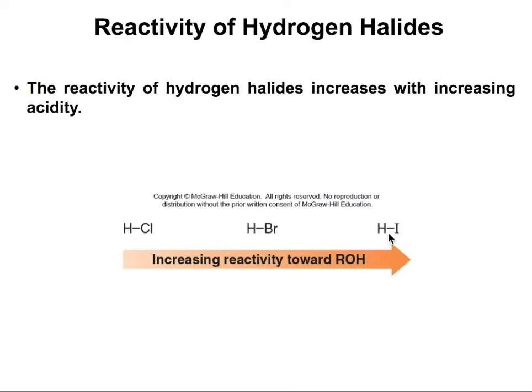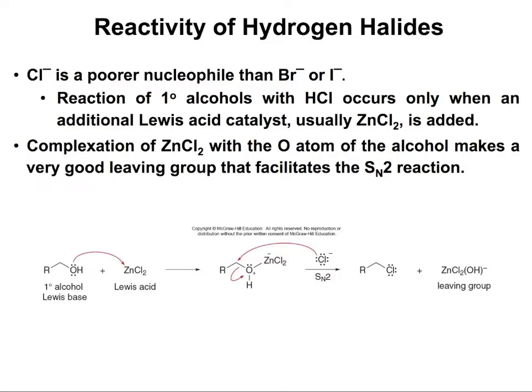The reactivity of the hydrogen halides increases as the acidity of the hydrogen halide increases. So remember, HI is the most acidic of them all because I is large and it's okay stabilizing the extra electrons. Now, that was for acids and bases, but when we talk about nucleophilicity, remember that Cl minus is a poorer nucleophile than Br minus and I minus.